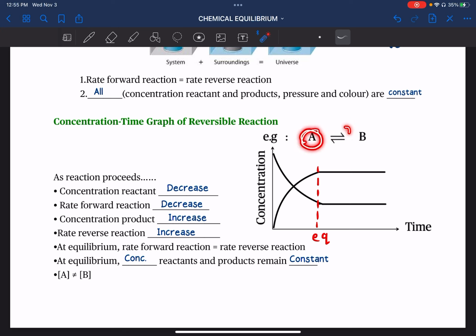A reversible with B. Maksudnya A boleh jadi B, at the same time B boleh jadi A balik. So at equilibrium, A jadi B, B jadi A at constant rate. Okay, now, so dia punya graf adalah bentuk gunting. Ni madam panggil bentuk gunting lah. Okay, gunting. Kenapa? Macam rupa gunting lah kan?